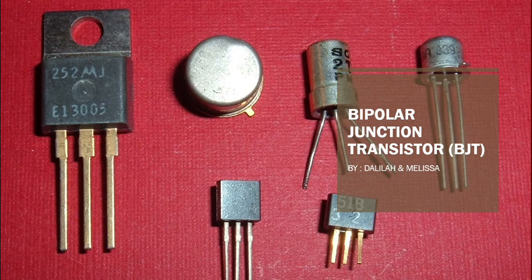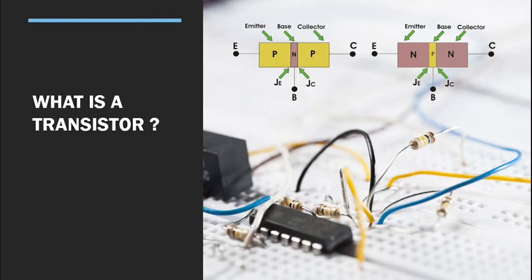In this experiment, we are going to discuss bipolar junction transistors. First off, we start by getting to know transistors. So, what exactly is a transistor? A bipolar transistor essentially consists of a pair of p-n junction diodes that are joined back to back.